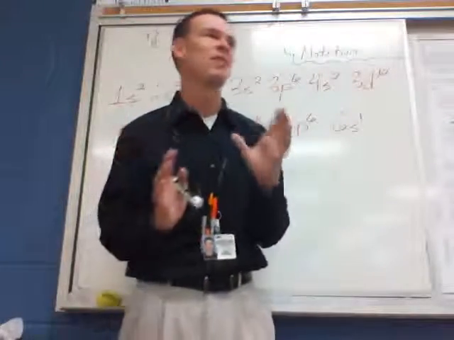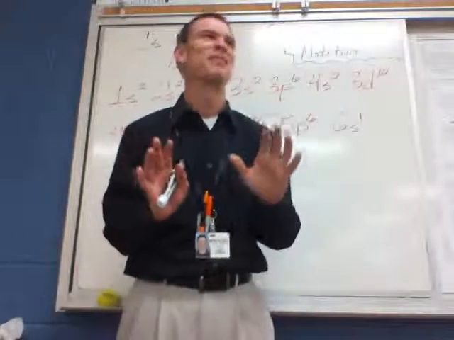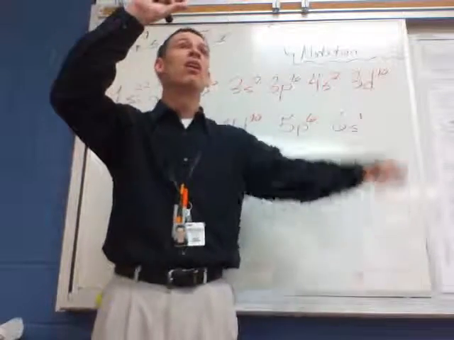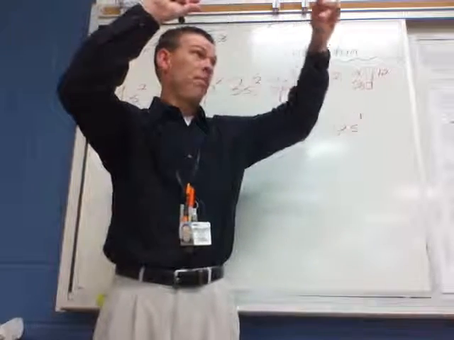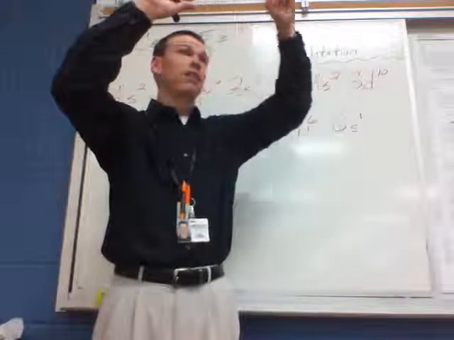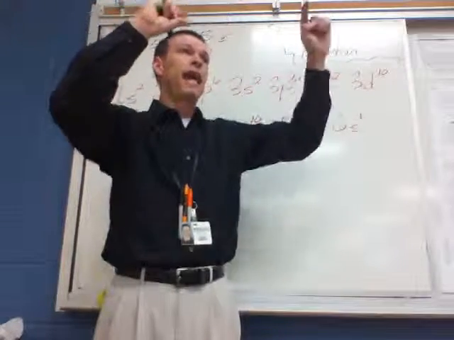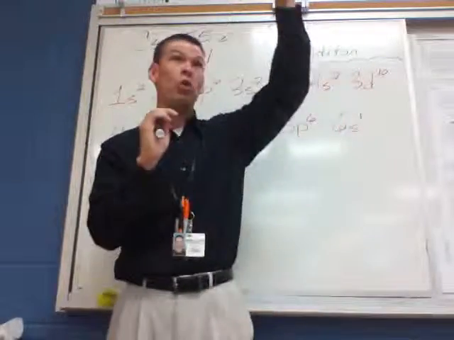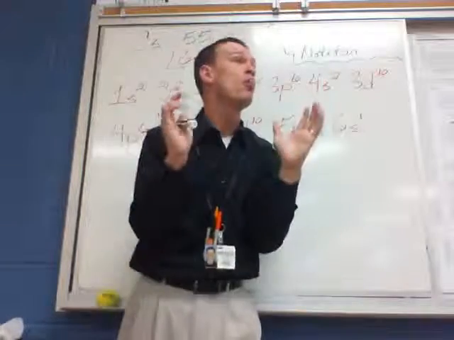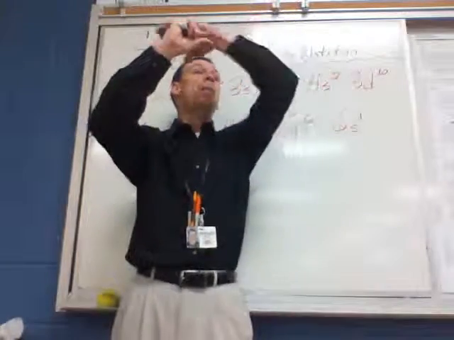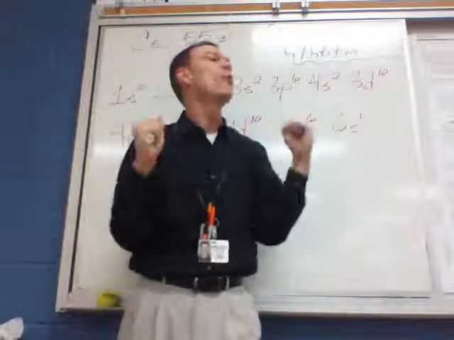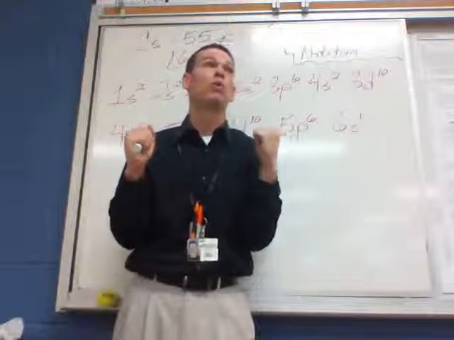Y'all make this so hard every year, and I don't want you to make this difficult. Whatever noble gas is in the row above the element that we're configuring is the noble gas that you're going to pick.